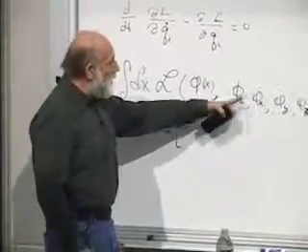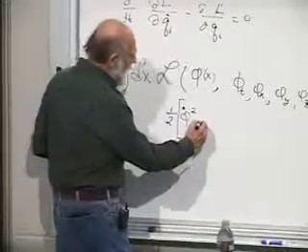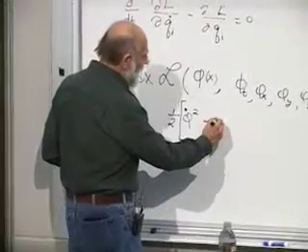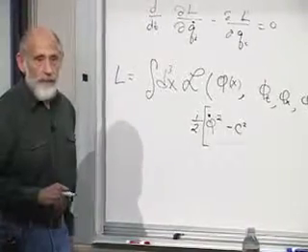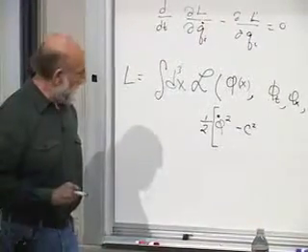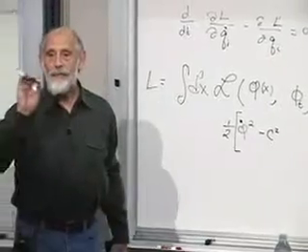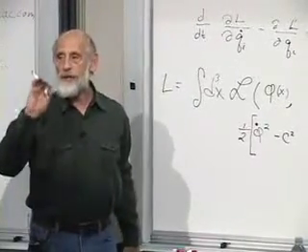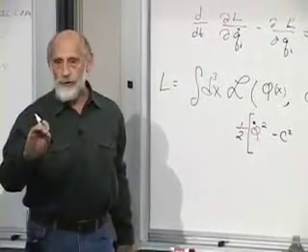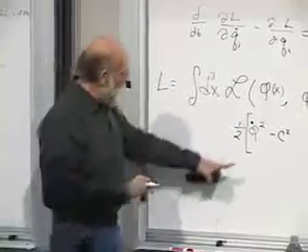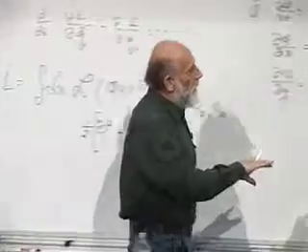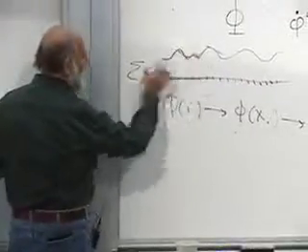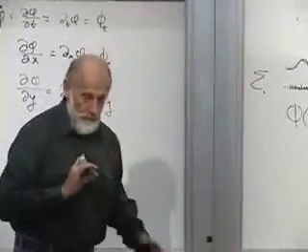And then in the example we worked out over there, there was a minus c squared. Why was there a minus sign here? Anybody remember? Because the Lagrangian is kinetic energy minus potential energy. All right? And what was the potential energy? The potential energy depended on the difference of the field at neighboring positions.